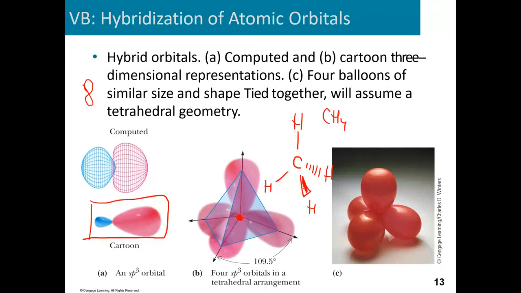The dashes mean that something is behind the plane of the board here, or the whiteboard, and the wedge indicates that something is above the plane. And so like I said, the shape is tetrahedral with sp3 hybridized atoms. This is something that you really have to remember.